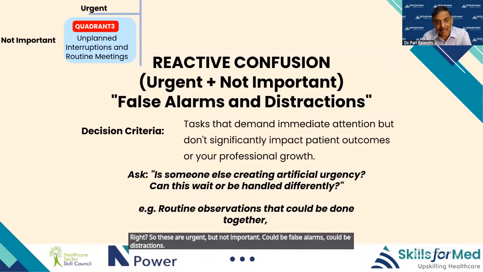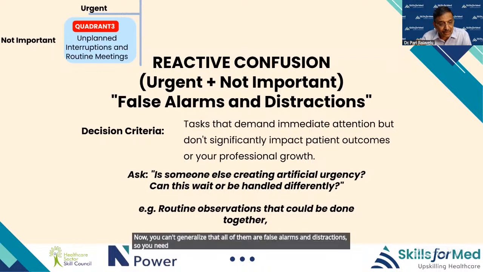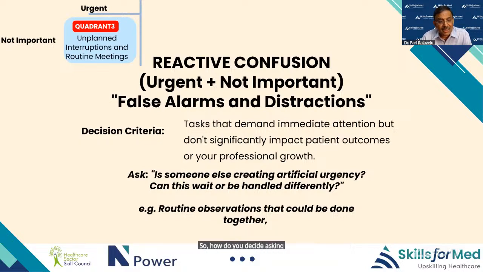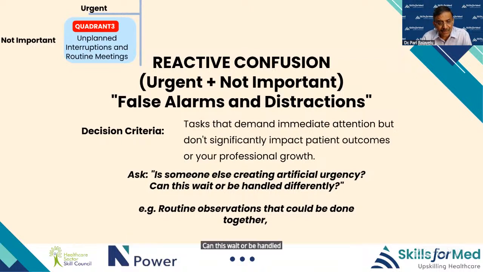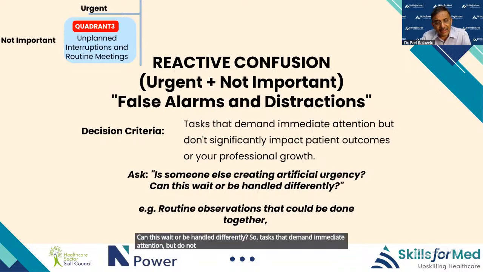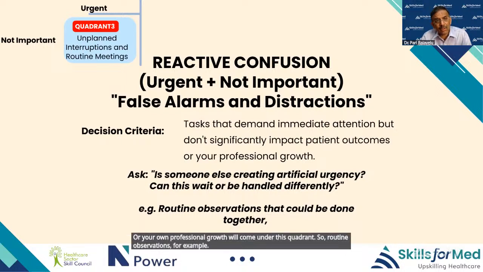Now, you can't generalize that all of them are false alarms and distractions. So you need to decide. How do you decide? By asking the question, is someone else creating artificial urgency? Can this wait or be handled differently? Tasks that demand immediate attention but do not significantly impact patient outcomes or your own professional growth will come under this quadrant. Routine observations, for example, could all be bunched.